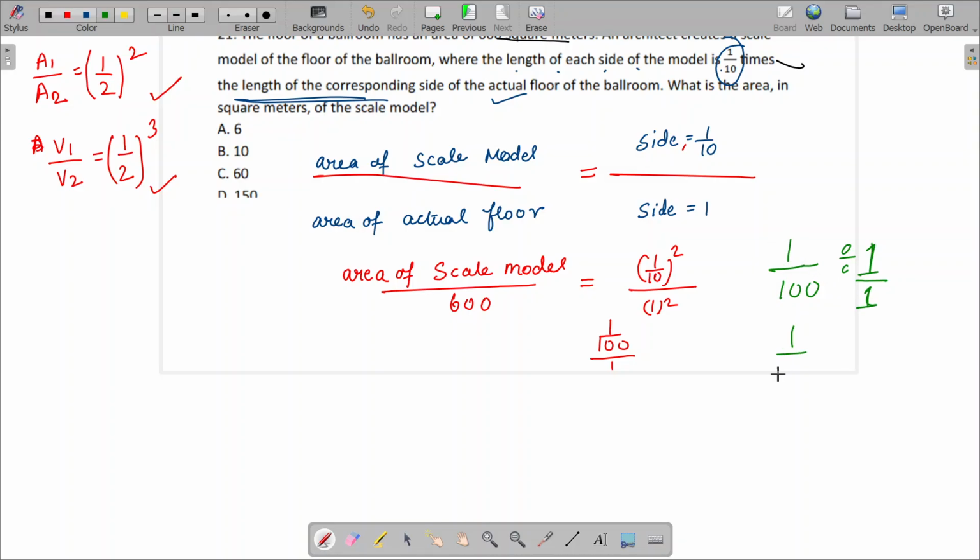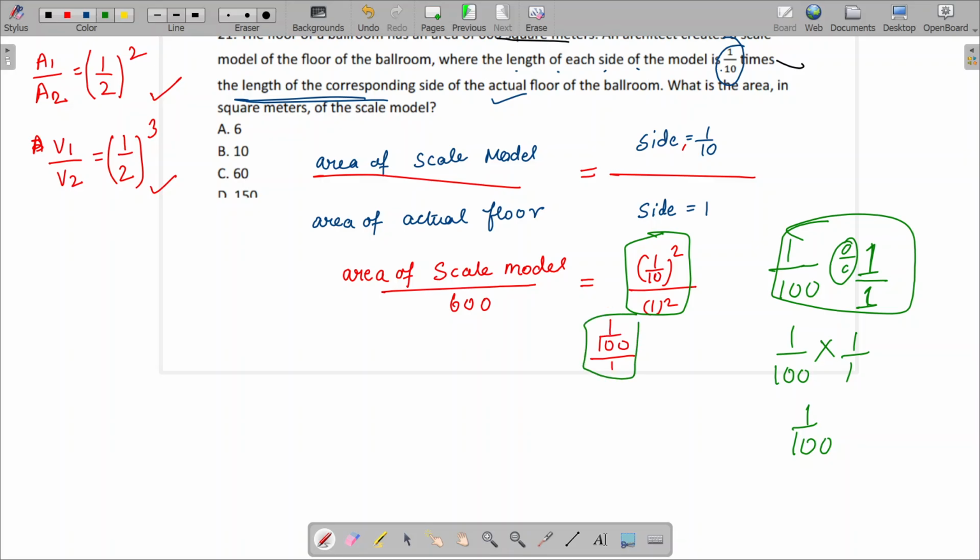Then I'll write the first fraction as it is, instead of division I'll write multiplication, and I'll flip. When you're flipping, you get the same answer. 1 over 1 means 1 only. So your final answer is 1 over 100, and I can replace it and write 1 over 100. You have already learned this in your schools. I'm just recalling it so that you can solve these questions easily.